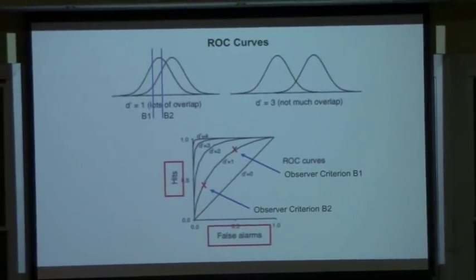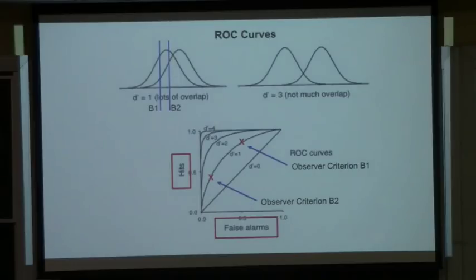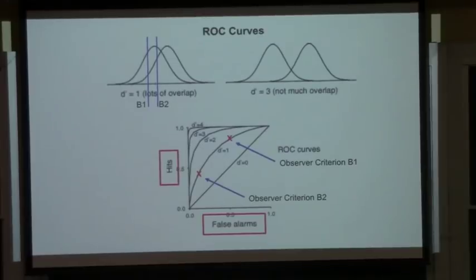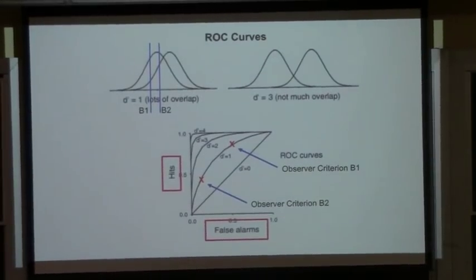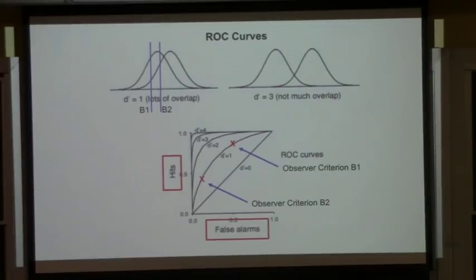Okay. Now coming back to this, we can actually draw ROC curves based on moving your beta. As you can see, if we move our beta from beta 1 to beta 2 on the two curves above, you can see that the hit region is becoming smaller, right?